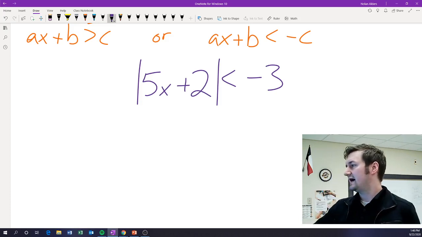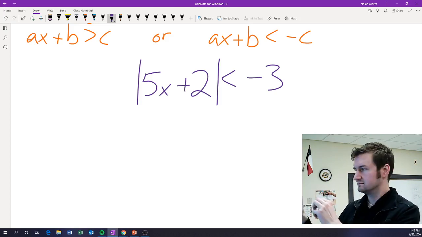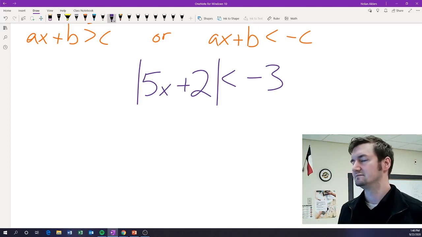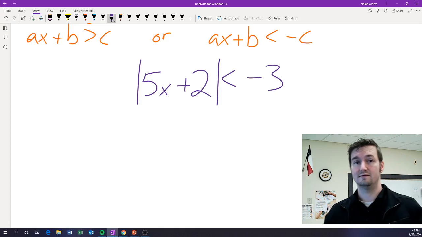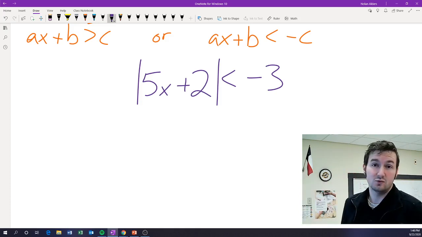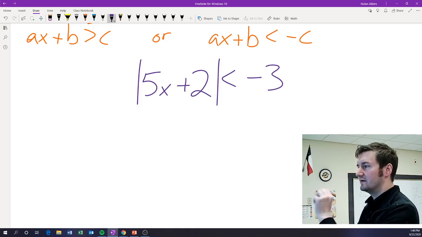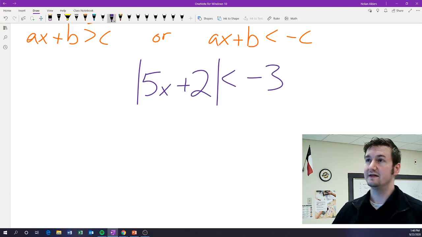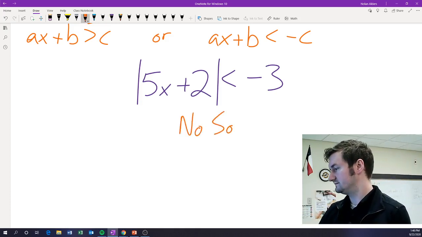Now, when you look at that negative sign there, absolute value of something less than a negative, there should be some alerts going off in your head right now, like sirens, whatever it is. This is another rule in math. Whenever we have the absolute value of something less than a negative, then the answer is there is no solution.